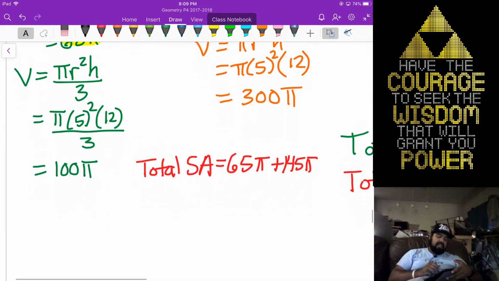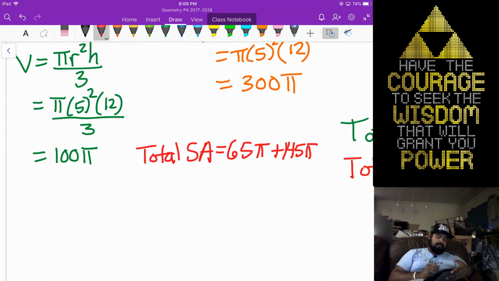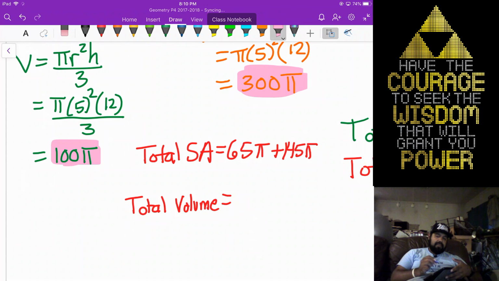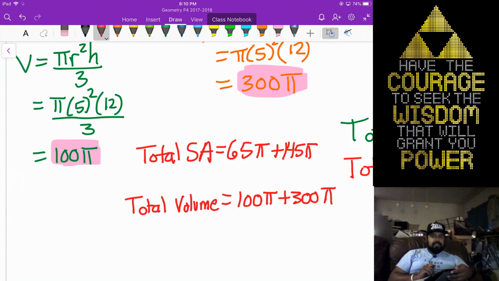And while she's doing that, we're going to write down the total volume, which is going to be our 100 pi plus 300 pi. Now, does Charmaine get it? No, not yet. We are waiting for you, Charmaine. Go, go, go.